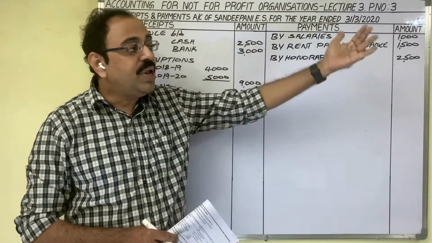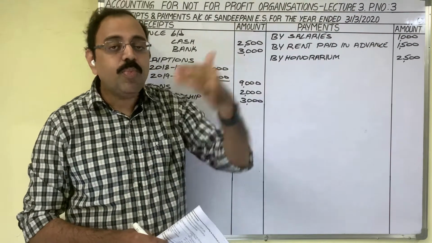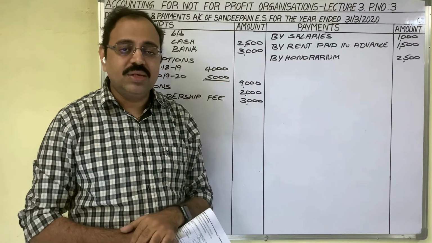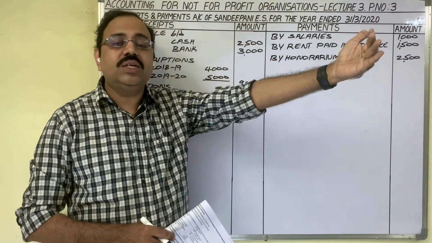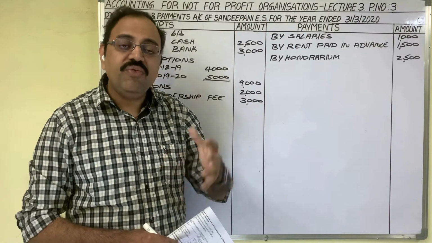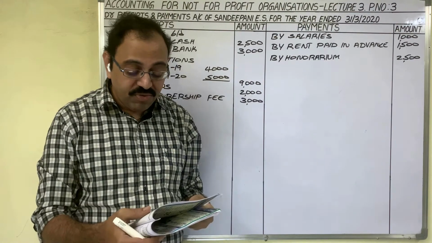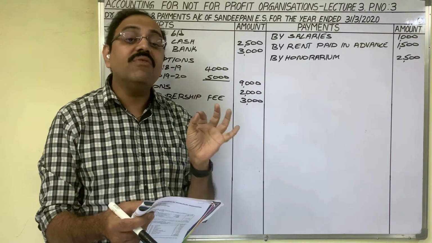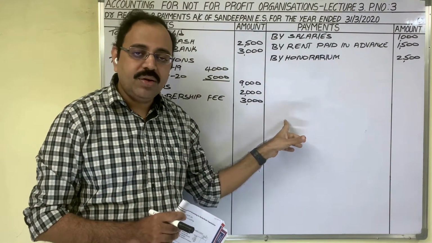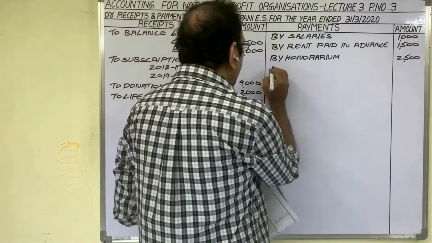For example, public limited company shares, debentures, government bonds like National Savings Schemes, Kisan Vikas Patras, etc. If we invest in those securities, dividend or interest comes regularly, and with that amount we manage our expenses. So this firm also invested their surplus amount in some government securities. They purchased government securities. It is a payment, cash is going, therefore credit side we should write. By government securities.